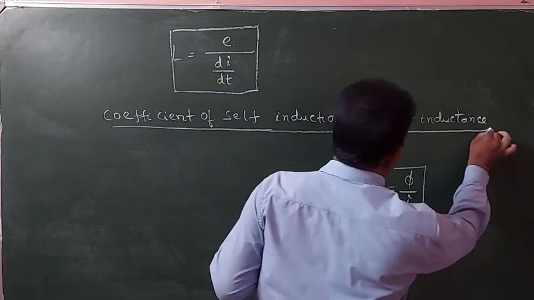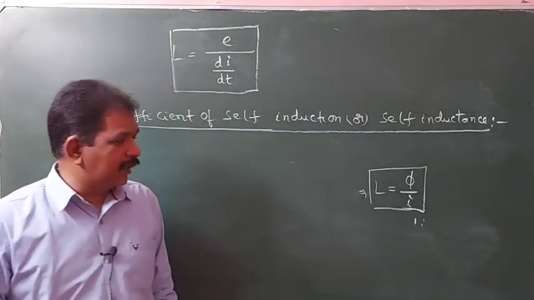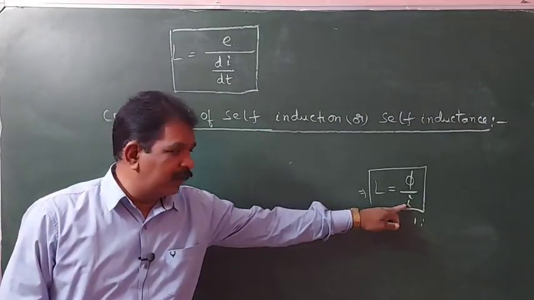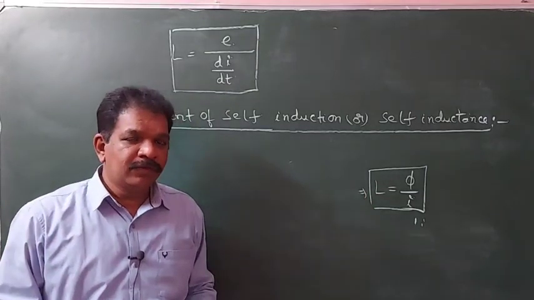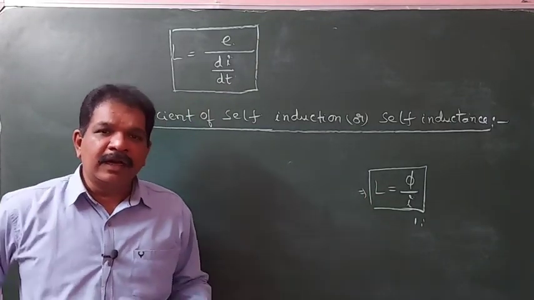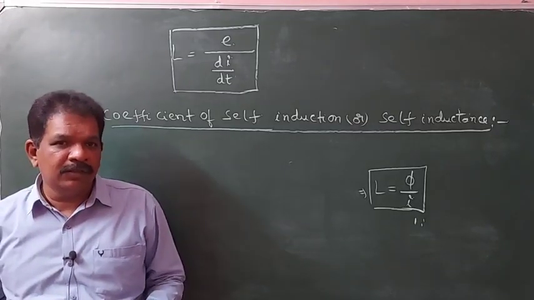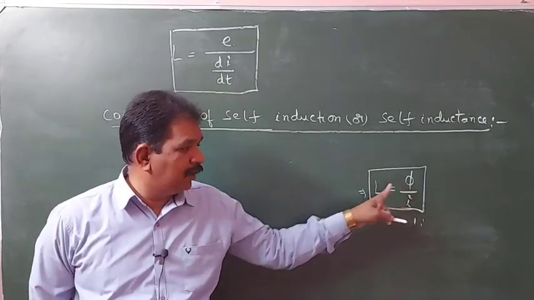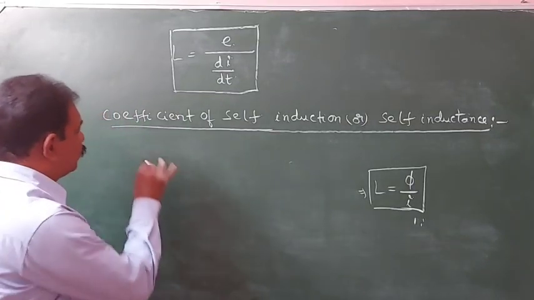Here, if I is equal to 1, then phi is equal to L. So when the current flowing through a coil is unity, the magnetic flux developed in the coil is called self-inductance.